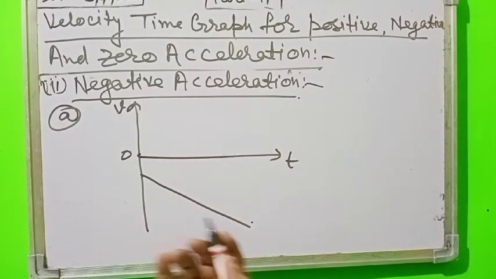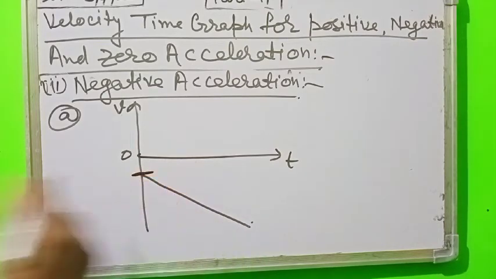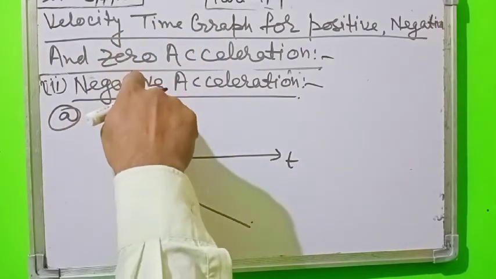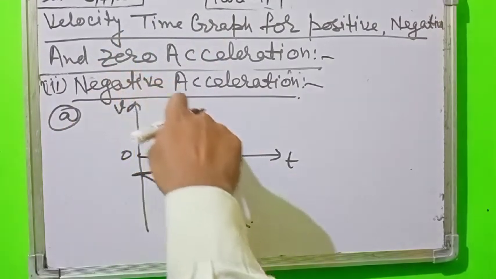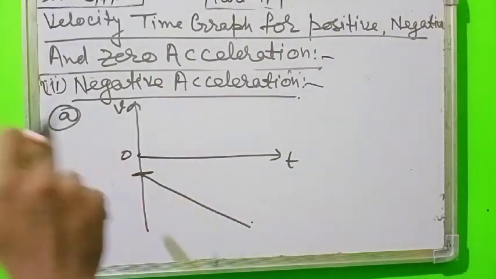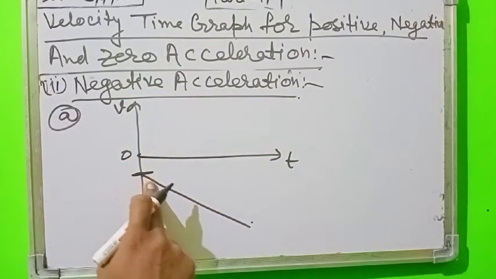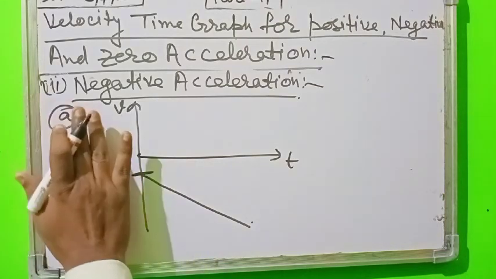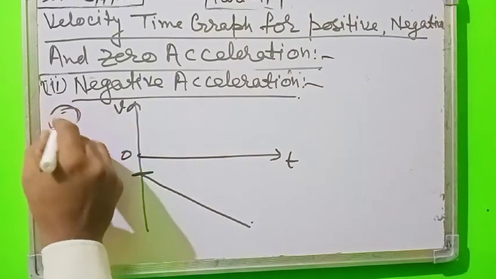The only difference is that in the previous case it had positive velocity and decreased to 0, and here it has negative velocity and then the velocity is decreasing, and it is also a negative acceleration.